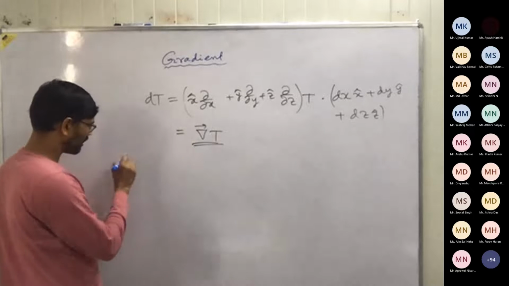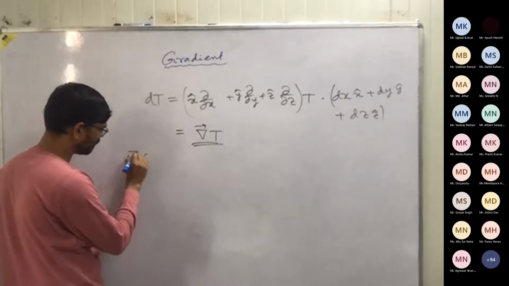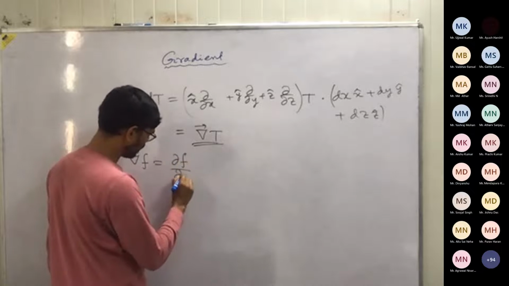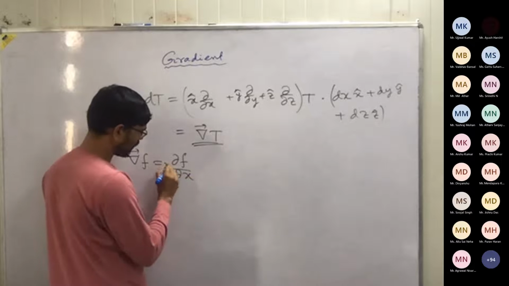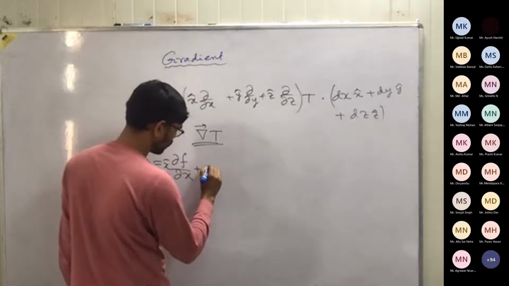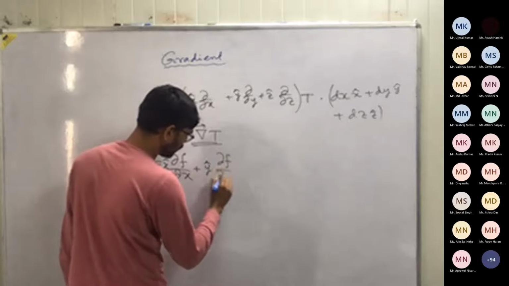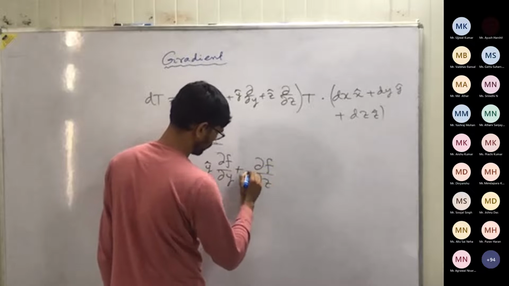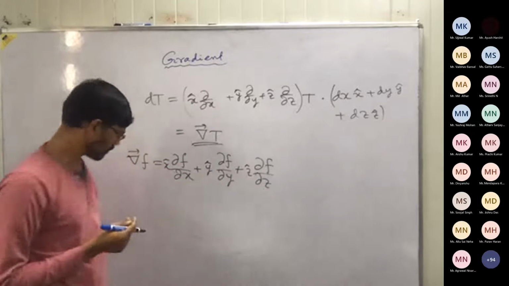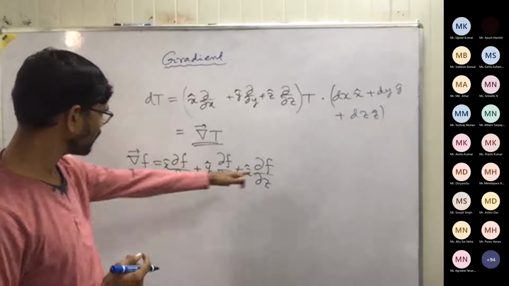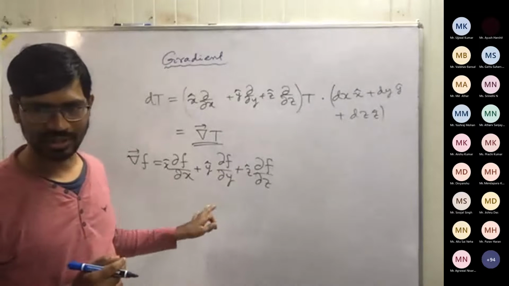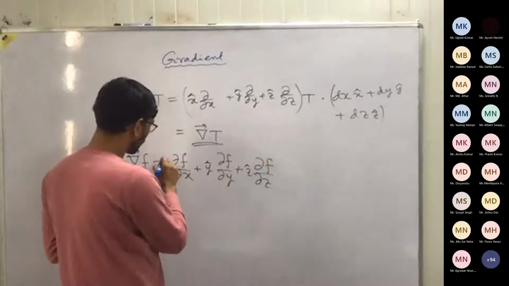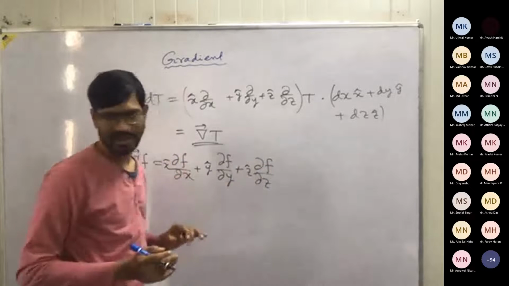The point is that grad of any function f is a vector quantity, and this is equal to del f by del x x cap plus del f by del y y cap plus del f by del z z cap. I can take f common, there's nothing wrong. When f is outside, it will be operative.